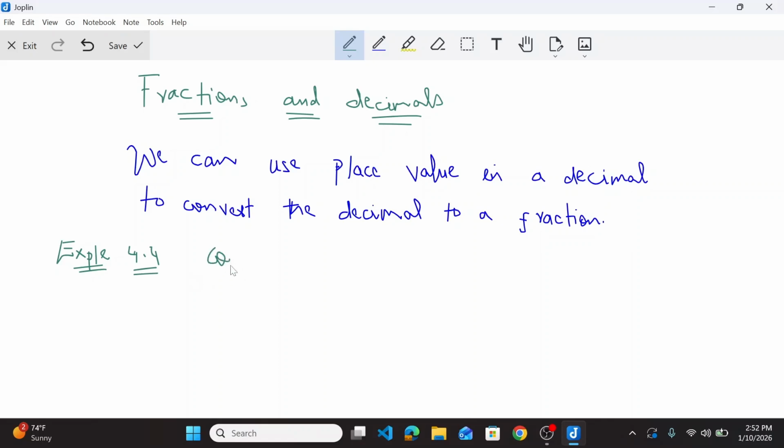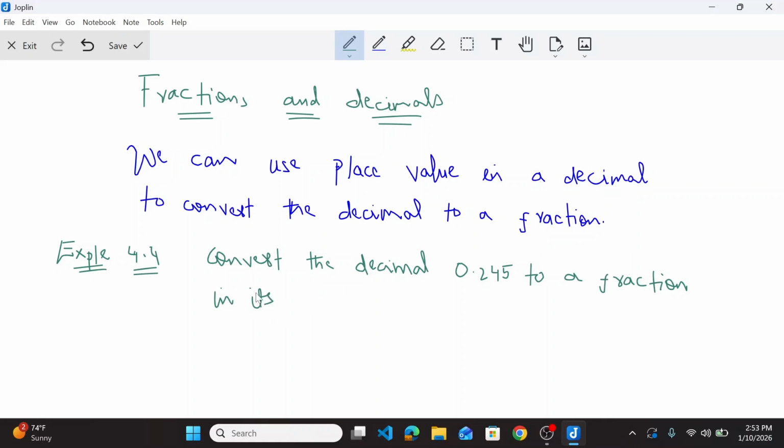Convert the decimal 0.245 to a fraction in its simplest form.